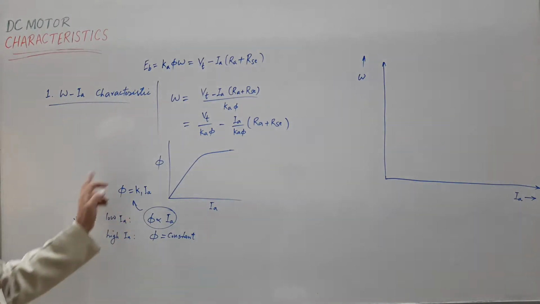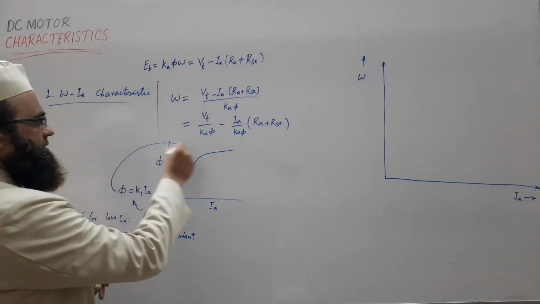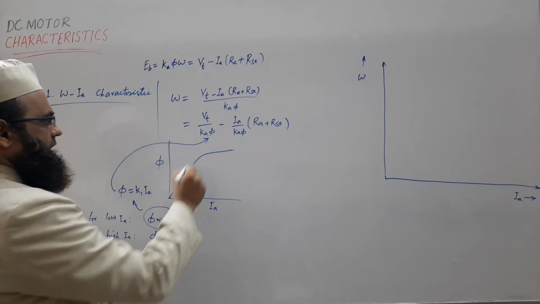So for lower values of Ia, substitute this phi here and here also.